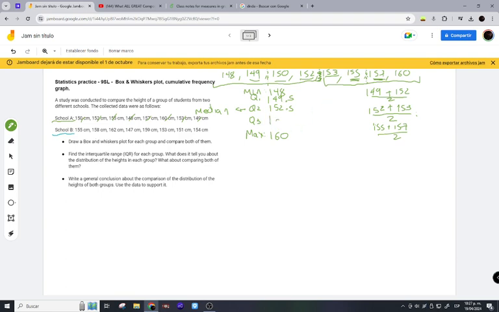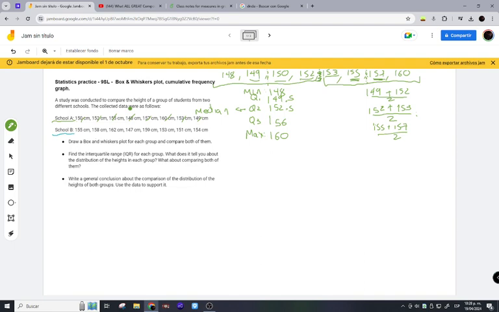Okay, this operation results in 156. We have the 5 values that will help us to create the box and whiskers plot for this set, sorry, for this group of children, school A.